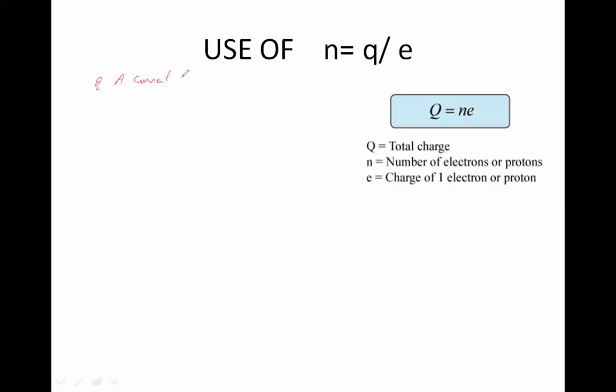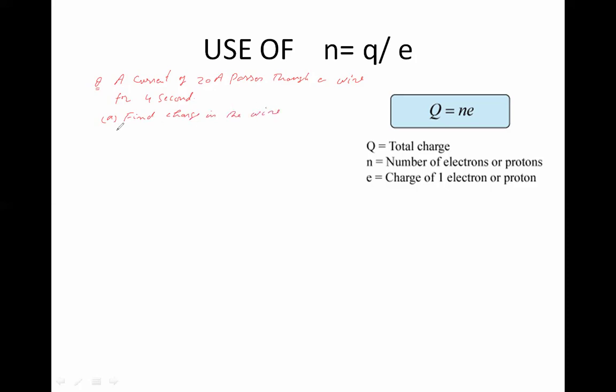A current of, let's say, 20 amperes passes through a wire for 4 seconds. Find the charge in the wire.